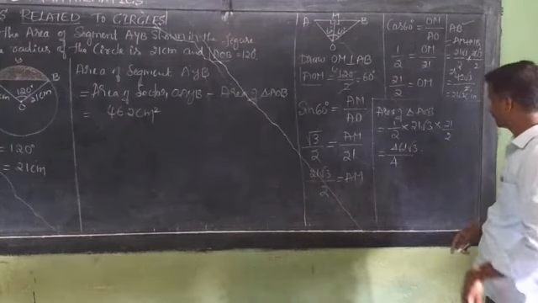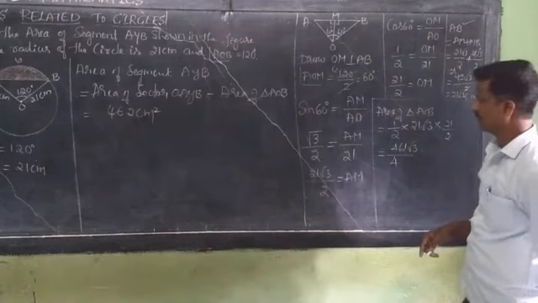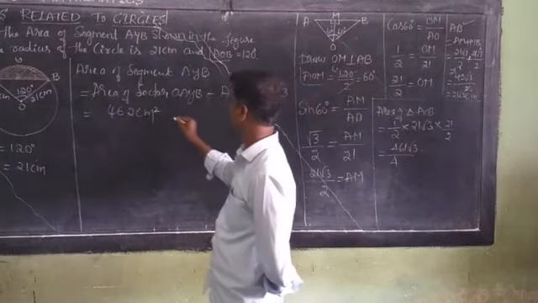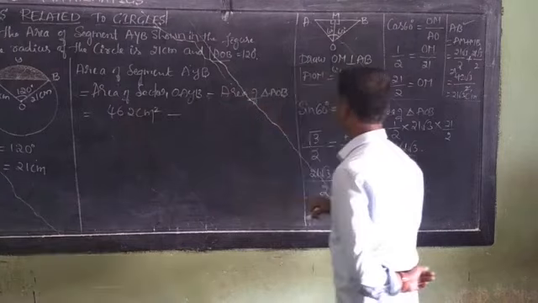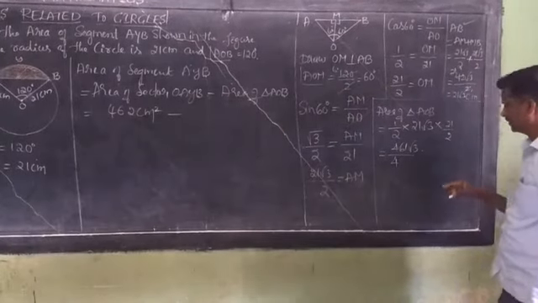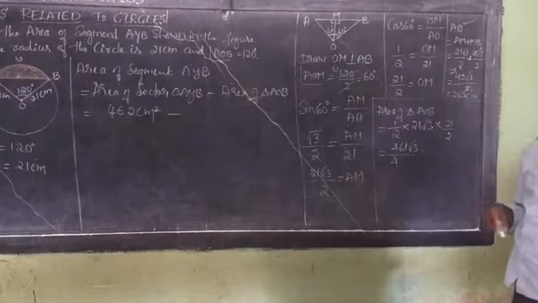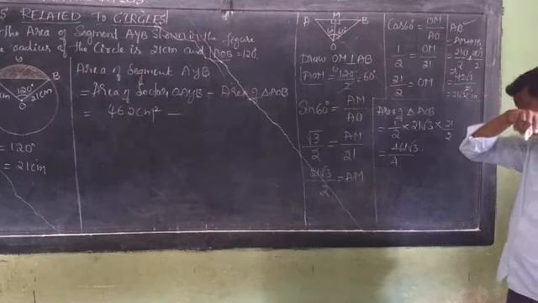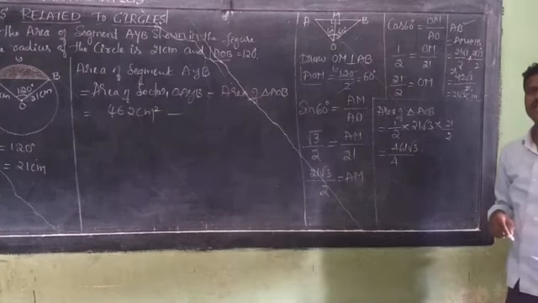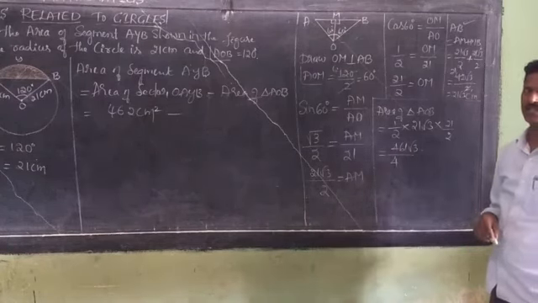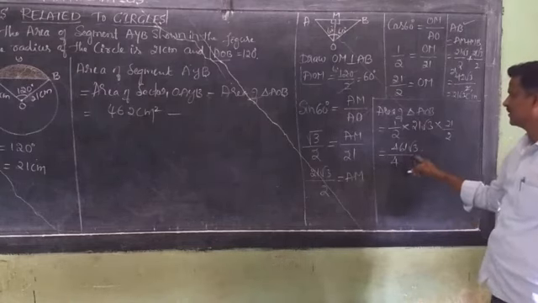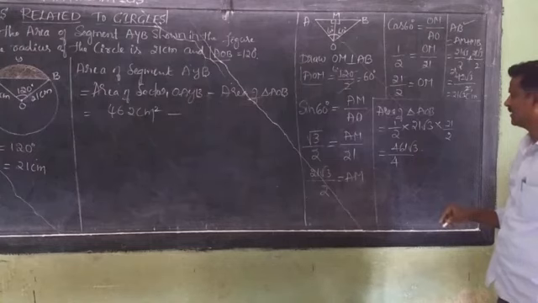Here the area of the segment is the sector OAYB minus the area of the triangle. We have to know the value of root 3. The value of root 3 is approximately 1.73. We can multiply this by that to get the values.